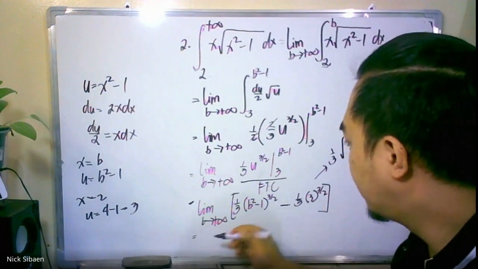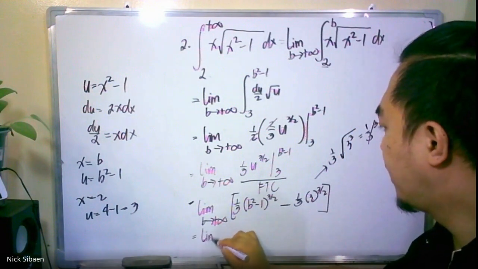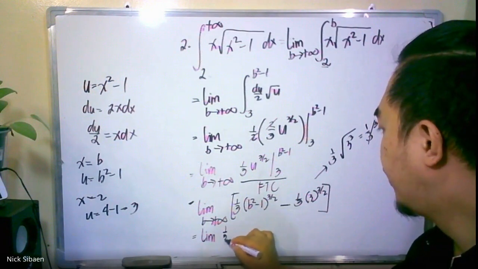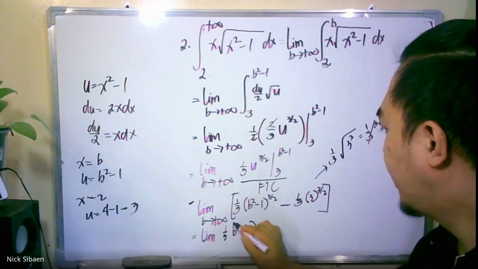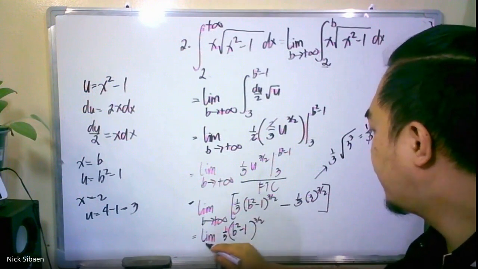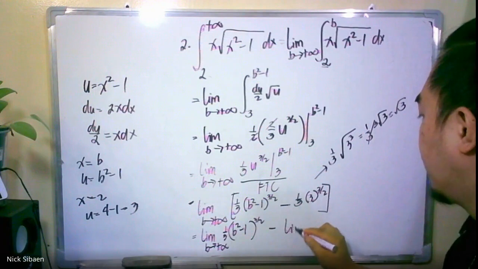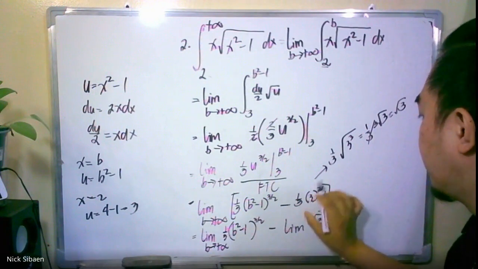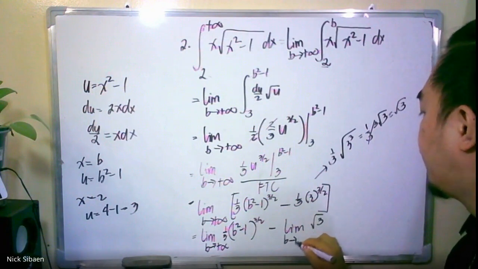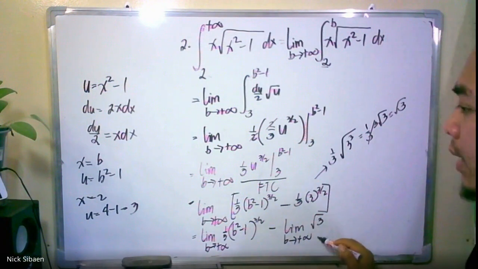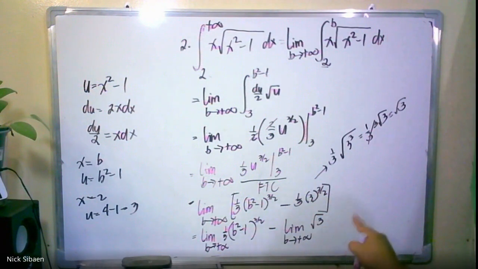So actually, siguro sulat na lang natin para mas malinaw. 1/3 b squared minus 1 raised to 3/2 as b approaches positive infinity minus limit of, na ulit yung simplification nito, it's square root of 3, b approaches positive infinity. So we know how to deal with the second limit. Ang sagot natin dyan is square root of 3.